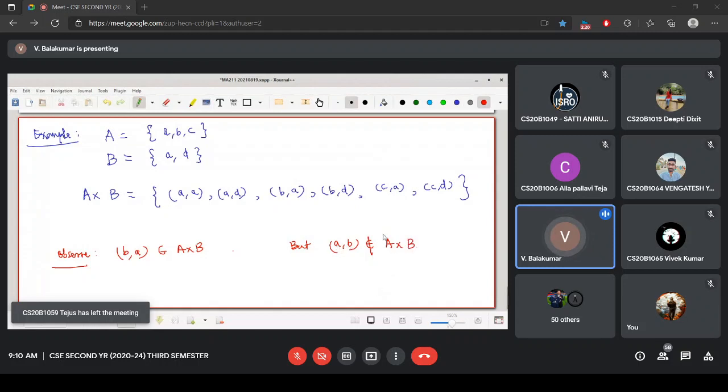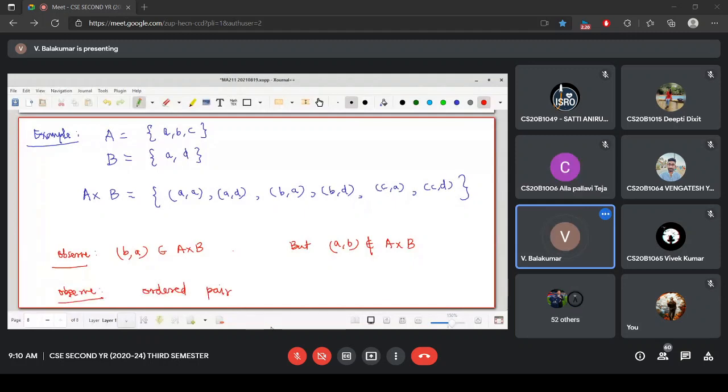A belongs to capital A is fine. B belongs to capital B is not available here. You see that if you change their order, that may not be within the Cartesian product. So what do we observe? We observe ordered pairs. The Cartesian product is a collection of ordered pairs.